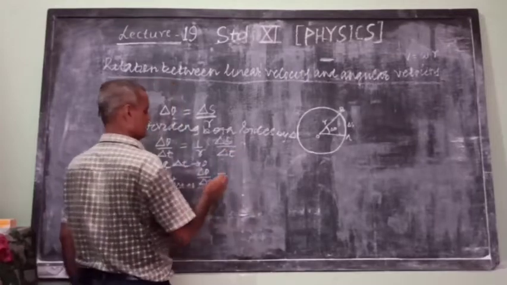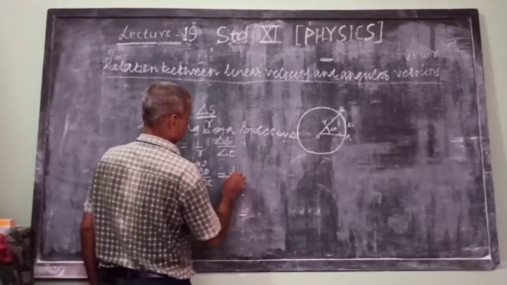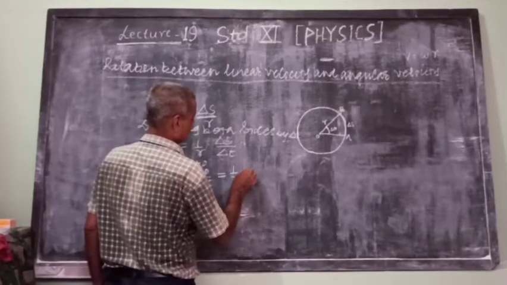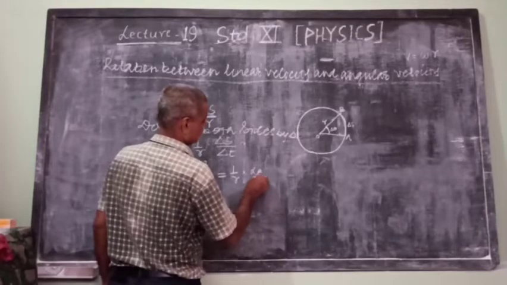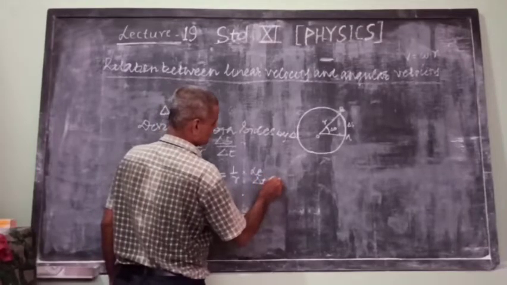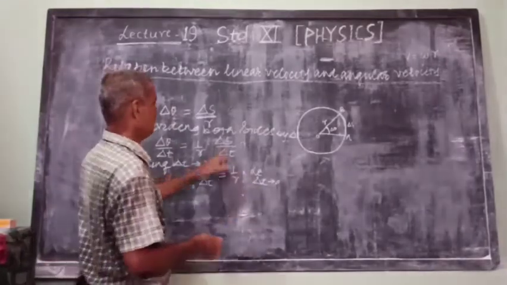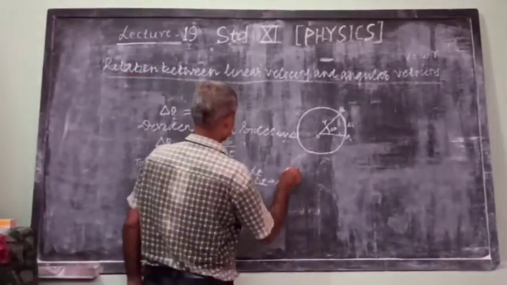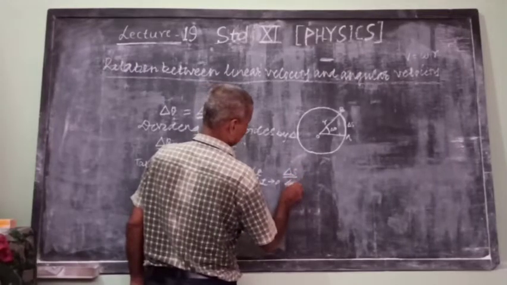On the right side, we can write 1 by r into the limit delta t tends to 0 of delta s by delta t.